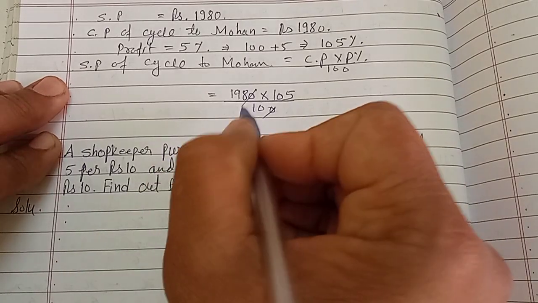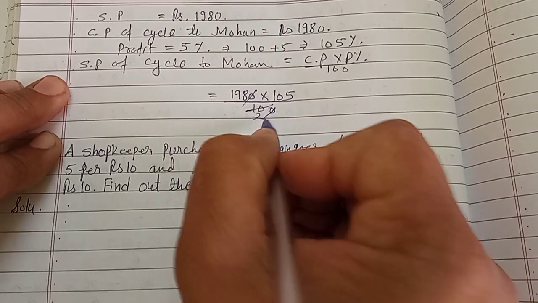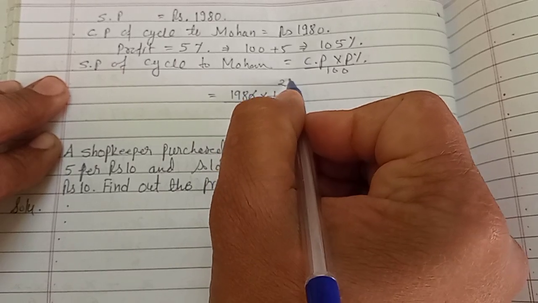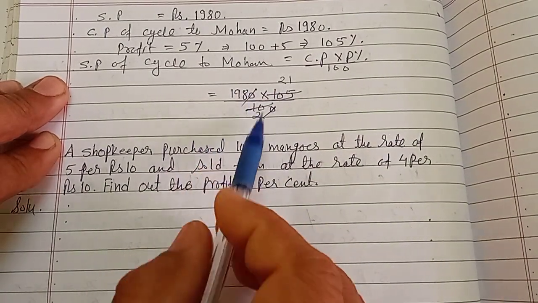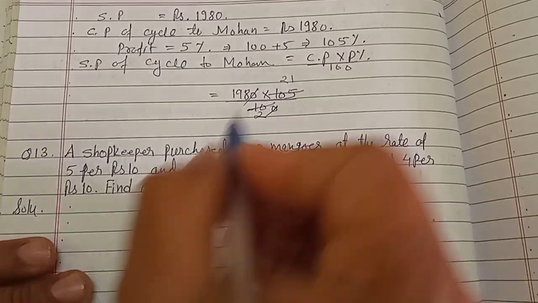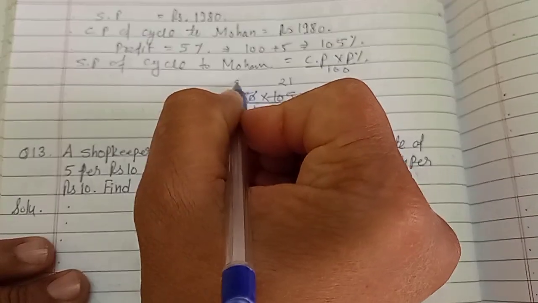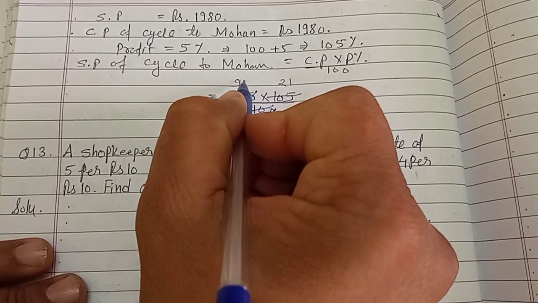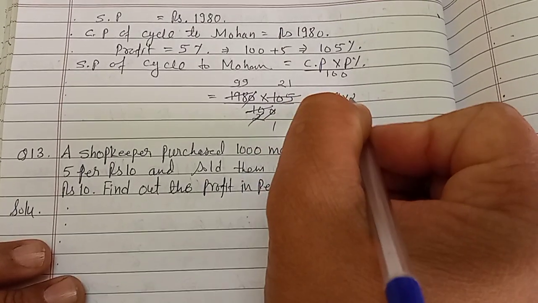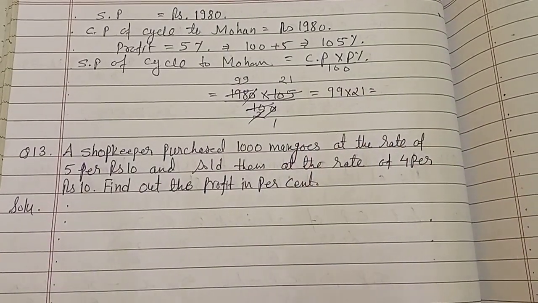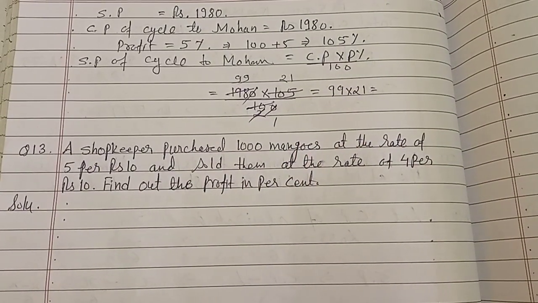Now with the table of 5. 5 2s are 10. 5 1s are 5. Cancel 198 with 2. 2 1s are 2. 2 9s are 18. 1 remaining. Again 2 9s are 18. What is left? 99 into 21. Multiply 99 into 21.